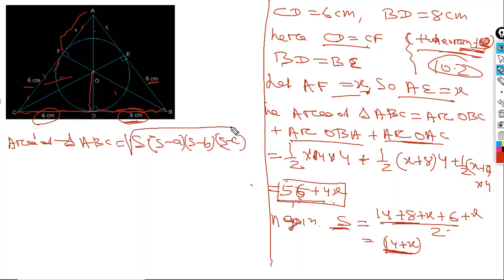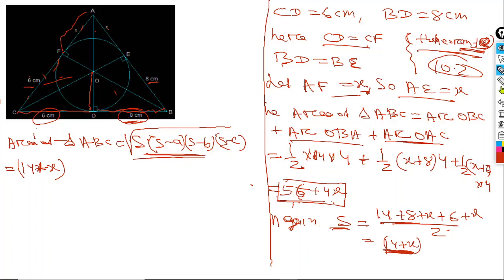Now we will put the values: we have the value of s, that is 14 plus x. Now you put all these values here. I don't have the space to do it, so please work out this part, and I'm just writing the result of it.